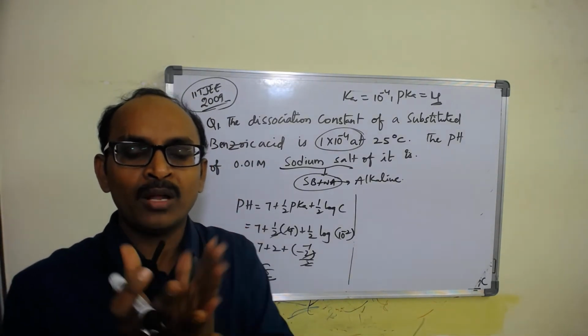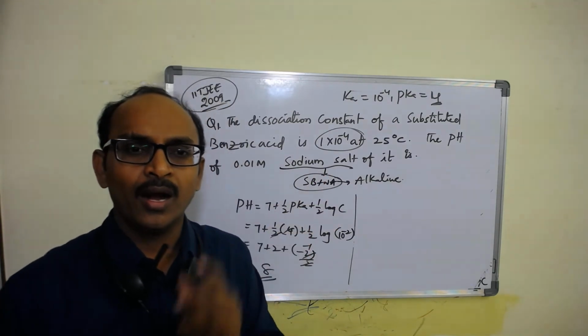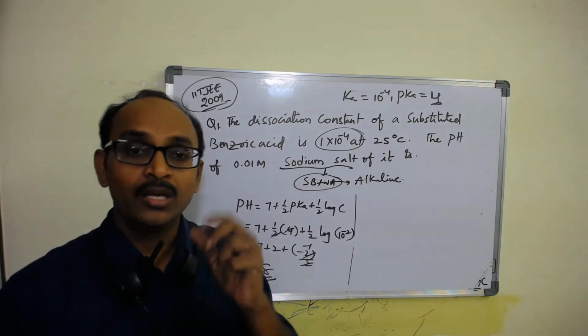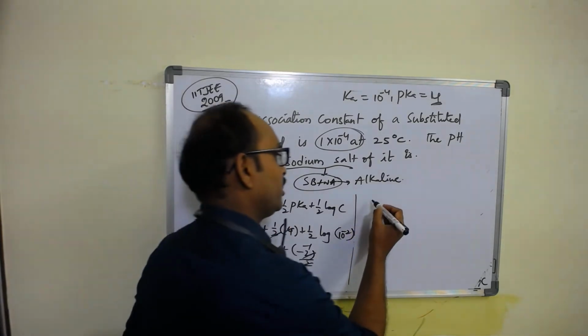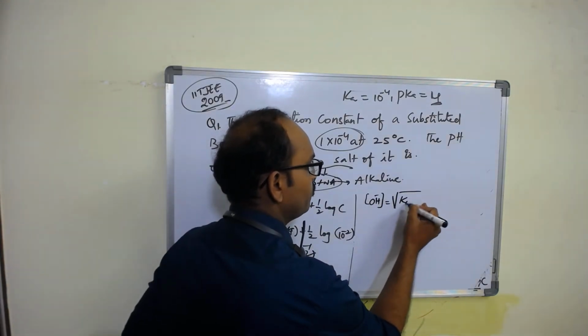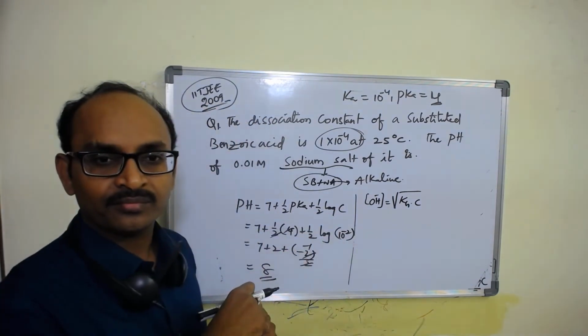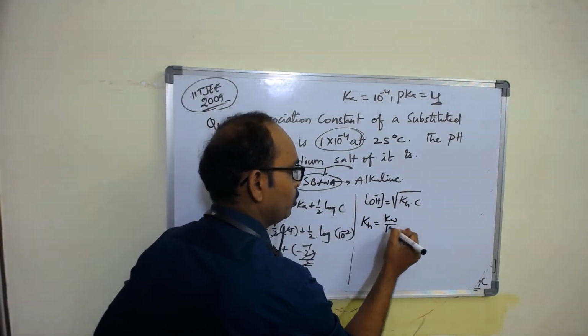This is a directly formula based question only, formula substitution only. There is nothing tricky in this question. If you want to solve the same question in another way, how? You can calculate OH minus as square root of Kh into C. How do you get Kh? Kh is equal to Kw by Ka.